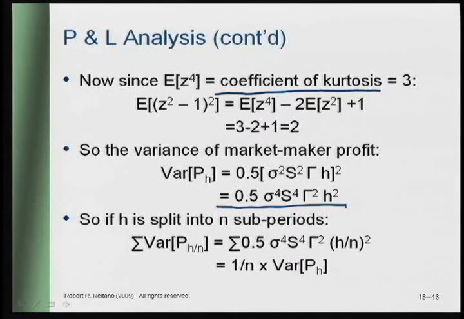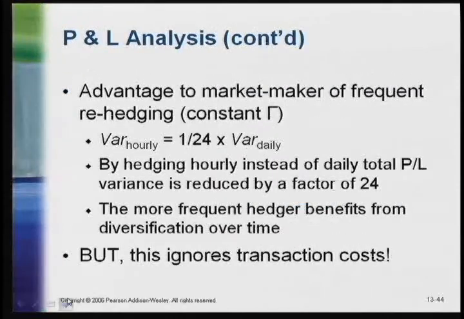And so we saw this in the book where the hourly variance, by rebalancing hourly, we get 1/24th of the daily variance. This is just an example of our general formula. And so what this tells the market maker is that, and of course if I looked at standard deviation of the P&L, it would go by square root of 1 over 24.